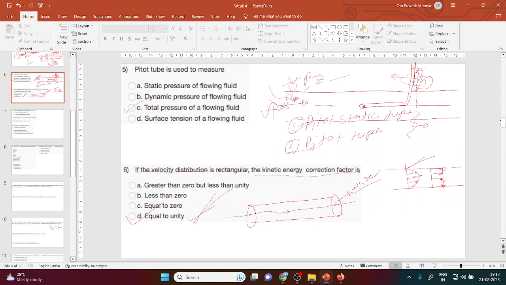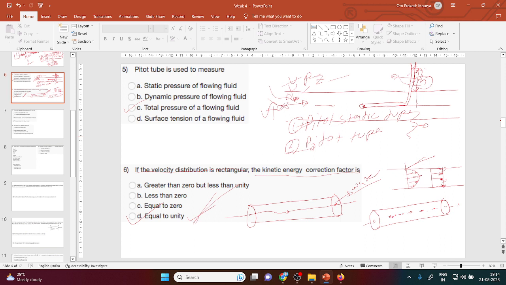For mathematical formulation, just imagine water is flowing in the pipe, and you want to formulate how the water is flowing, the movement of the particles, in the form of mathematics.